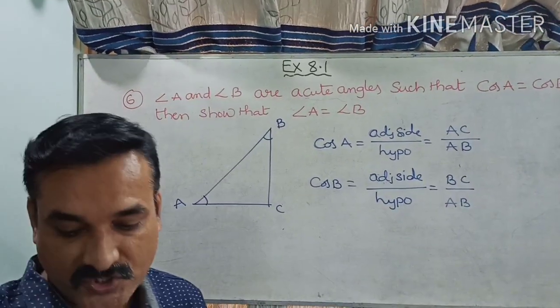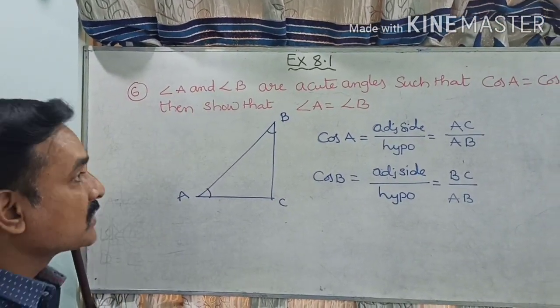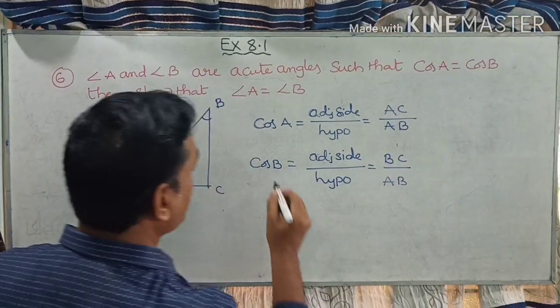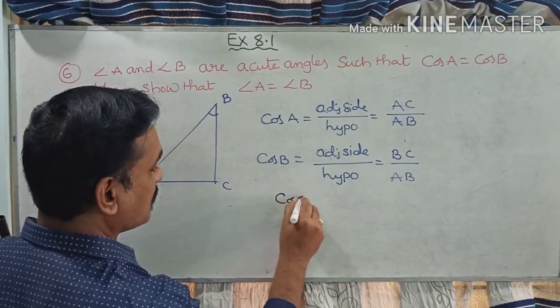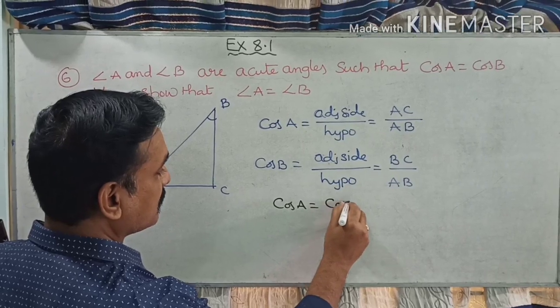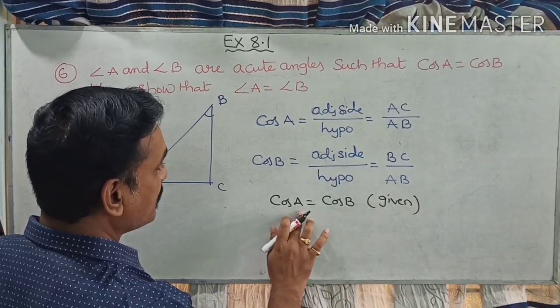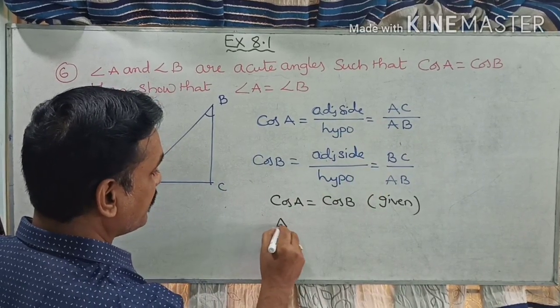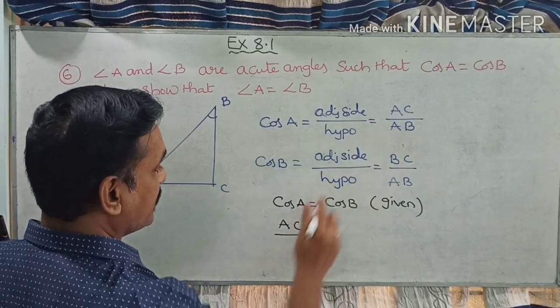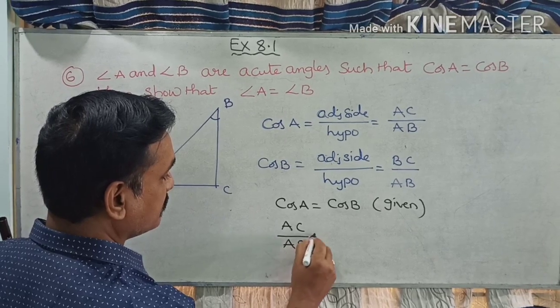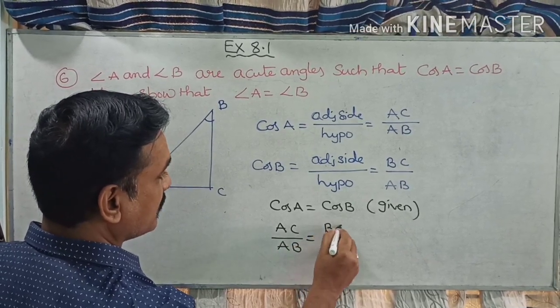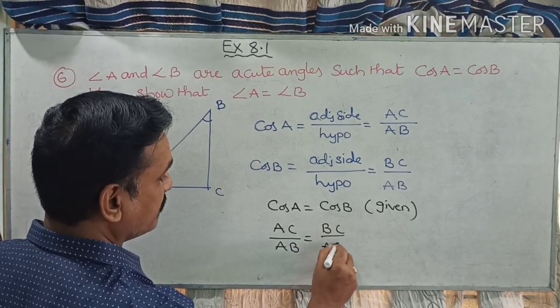Since the condition cos A equals cos B is given, instead of cos A we can replace with AC by AB equals BC by AB.